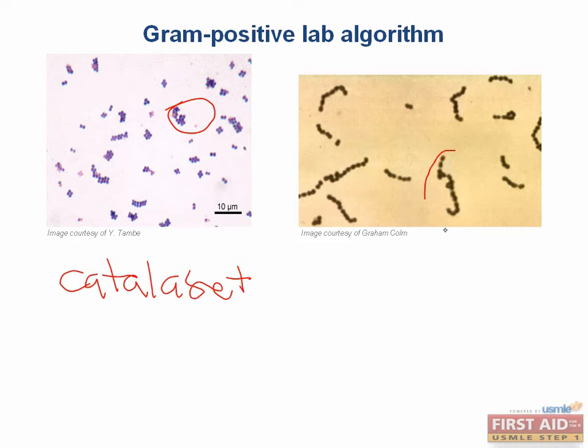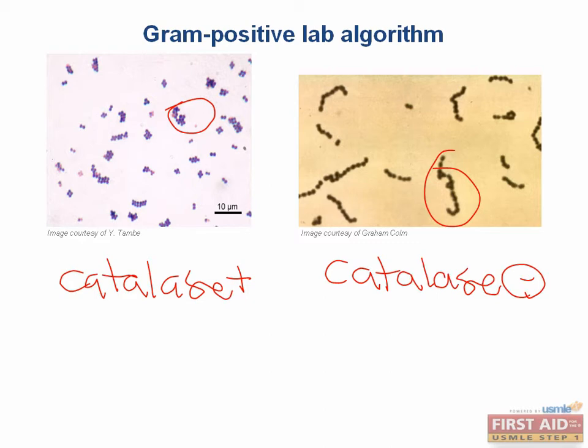Streptococcus will present in chains and will not produce catalase. Catalase is an enzyme that breaks down hydrogen peroxide into water and oxygen. Just remember that staph will make catalase because it has the extra staph to do so. So, you see purple-blue cocci in clusters that are catalase positive. You've identified that it is Staphylococcus.